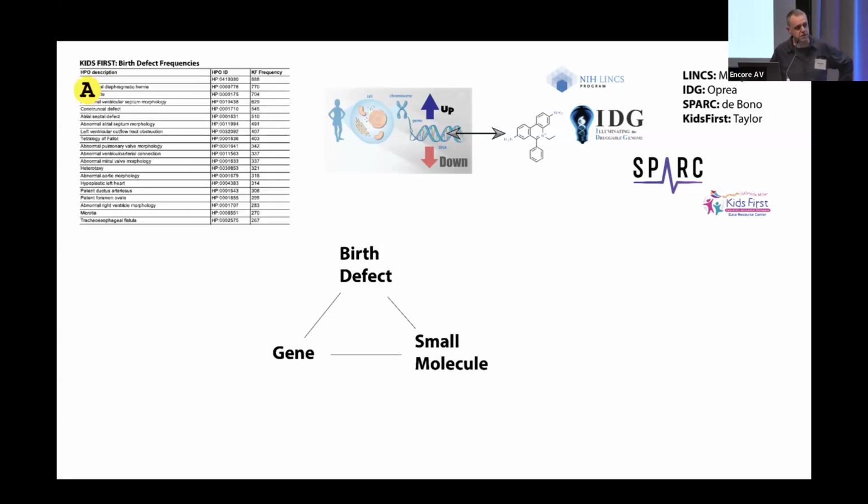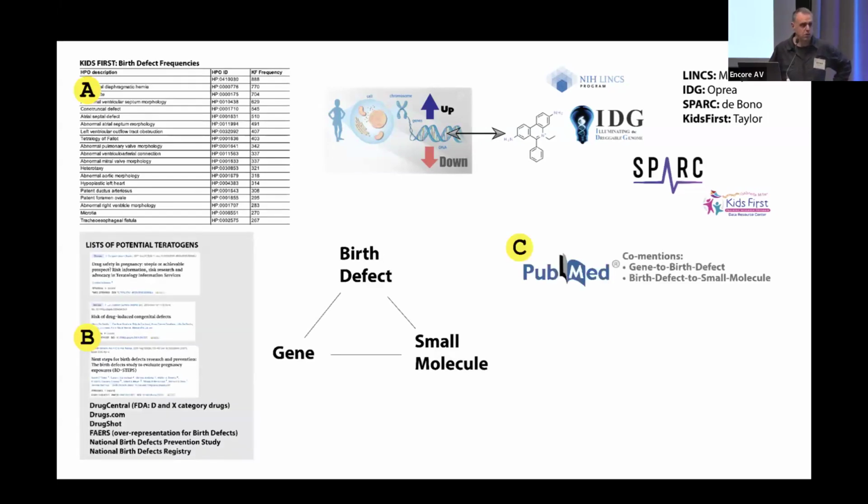First, we started with Kids First to extract HPO terms that describe birth defects. And we also extracted potential teratogens from a number of resources, including, of course, Drug Central, using labels that I realize now are outdated for potential teratogens. But hey ho, it was useful.